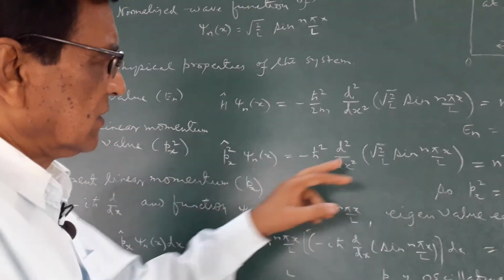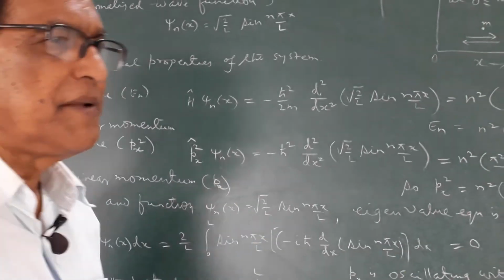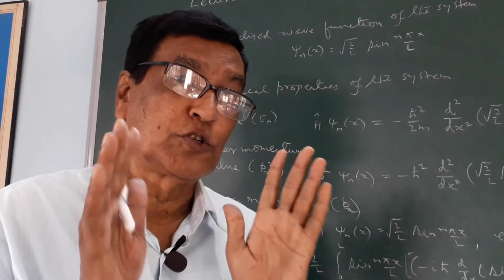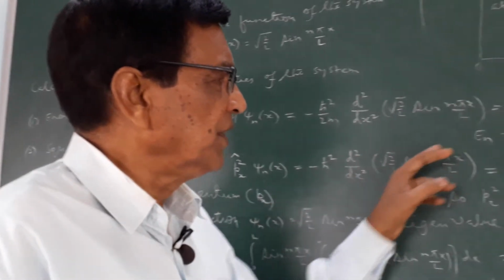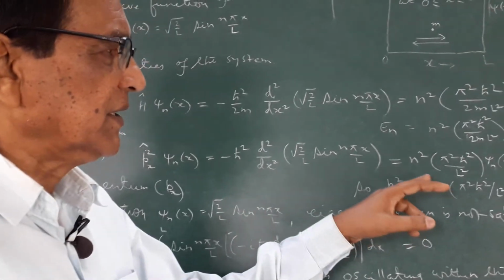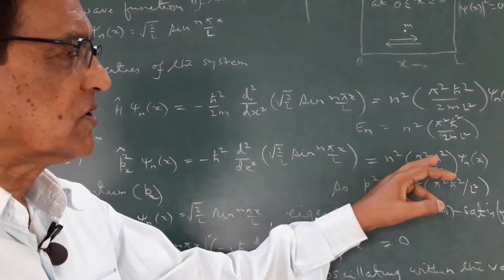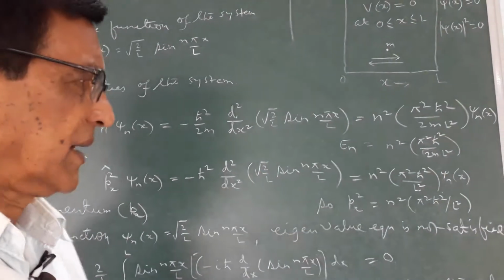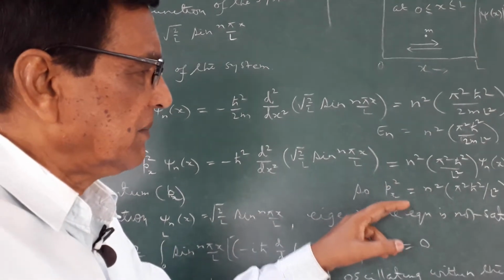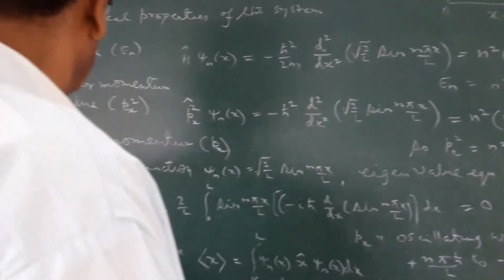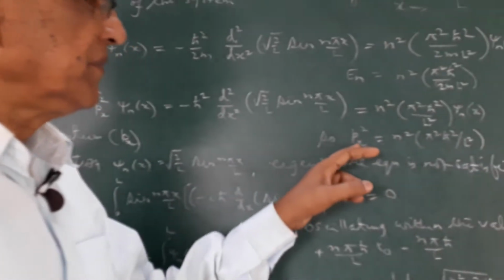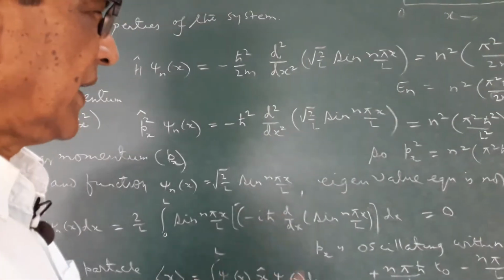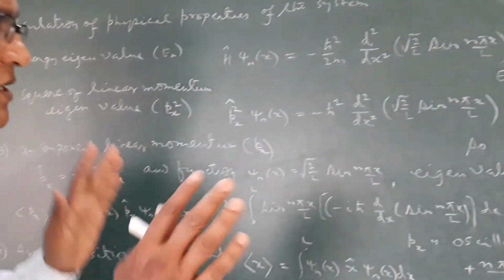By double differentiation of this one, we get the same function, so the eigenvalue equation is fully satisfied in this case also. When you do this mathematics, it gives n square pi square h cross square by l square times sin, the same function coming back. So the magnitude of the square of linear momentum px square equals n square pi square h cross square by l square. So the eigenvalue equation is fully satisfied.